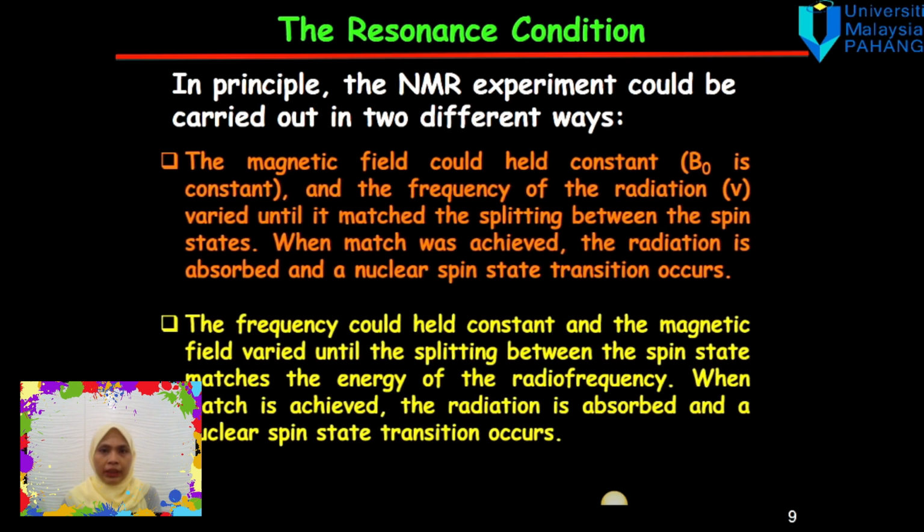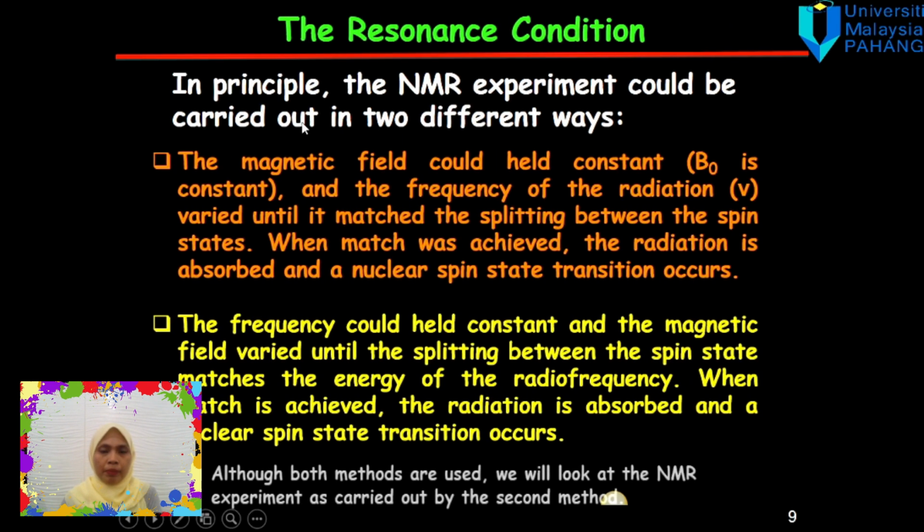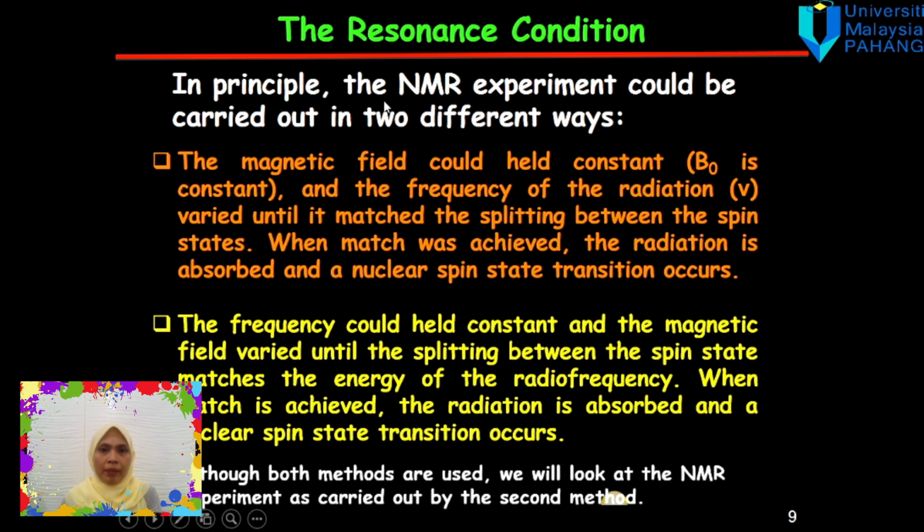In principle, as I mentioned before, there are two important parameters in NMR, which are frequency and magnetic field. The first parameter is the magnetic field. We can keep the magnetic field constant and change the frequency, and our atom will absorb enough radio frequency radiation until it matches the delta E and has a spin flip.